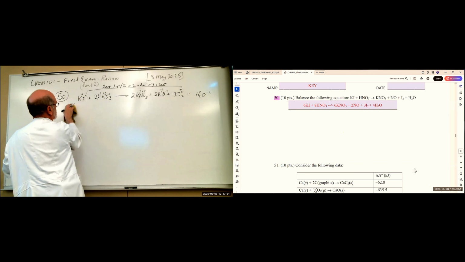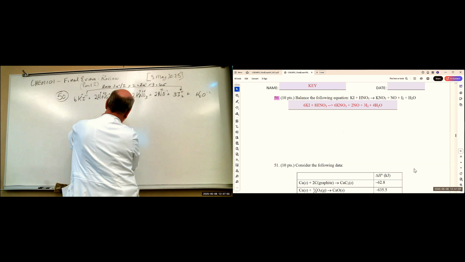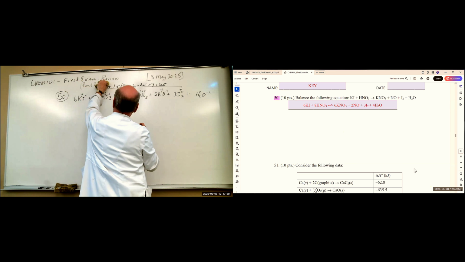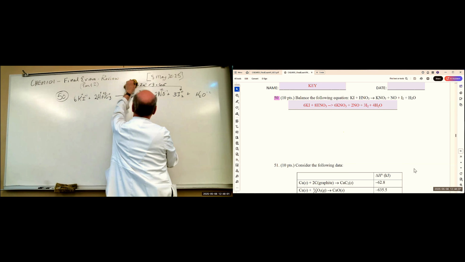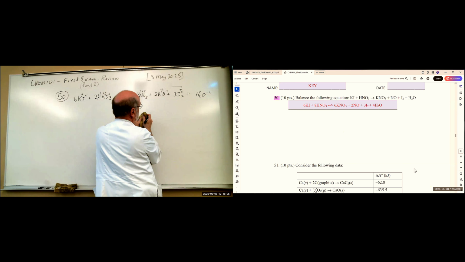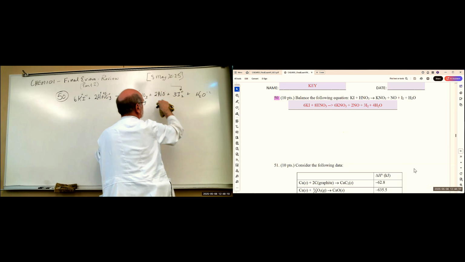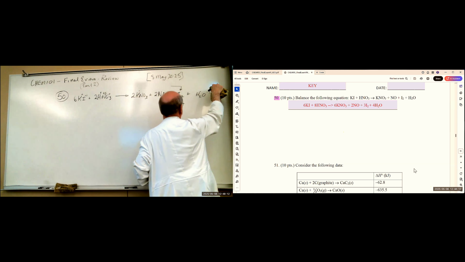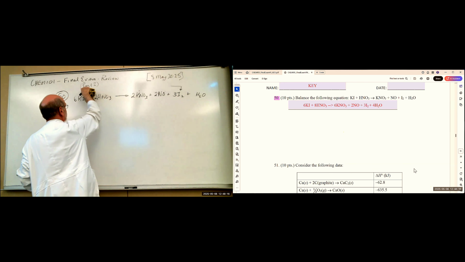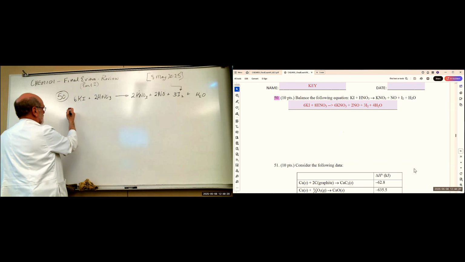I'm going to clean this up. That's a 6. And let's clean these up a little bit too. Okay, now we can do budget method.